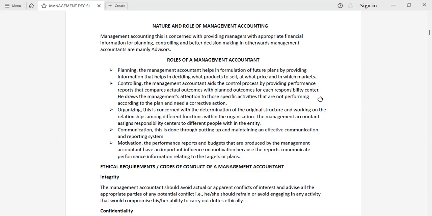So the way this department, all these responsibility centers, as we said, the profit, the cost, the investment, and the profit, as we discussed them, we look at how we are going to control the outcome of each.